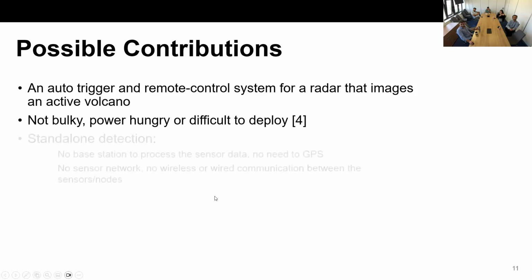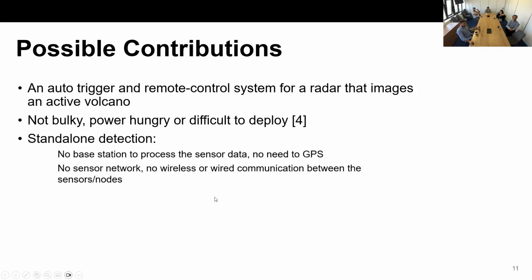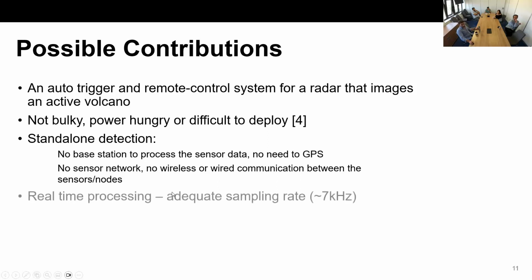It is quite easy to deploy compared to other devices in the literature. And it does standalone detection. You don't need a base station to make the detection decision. Everything is happening on board, and it's just relying on one geophone. It has pros and cons, but for us, it's just easy to deploy again.